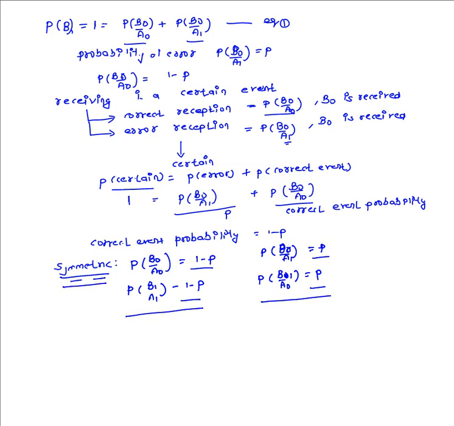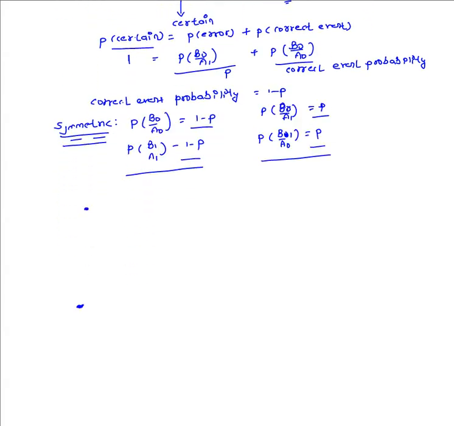Now let me give you the schematic along with the probabilities. This is our transmitter. The left side indicates our transmitter, and the right side indicates our receiver. The transmitter can only transmit two symbols, 0 and 1. The receiver also receives only two symbols, 0 and 1.